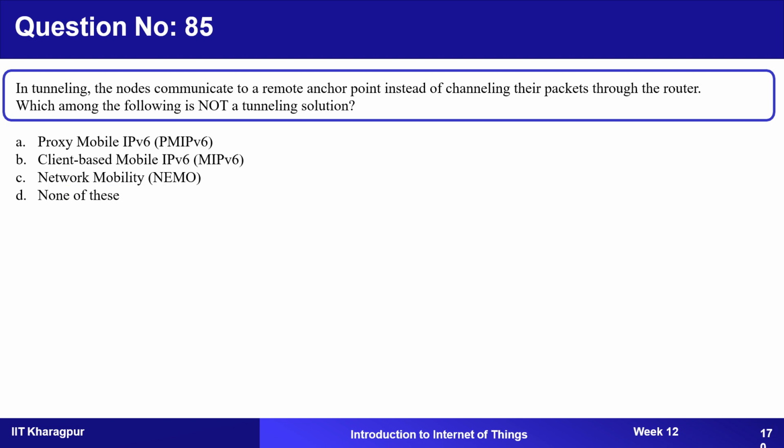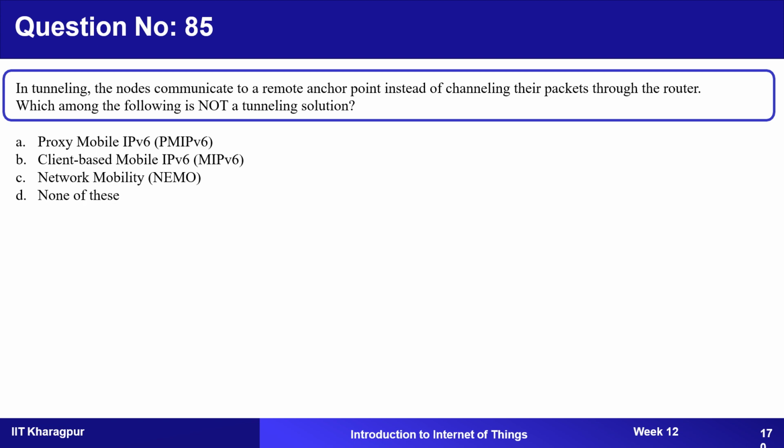Next question is, in tunneling, the nodes communicate to a remote anchor point instead of channeling their packets through the router. Which among the following is not a tunneling solution? A is proxy mobile IPv6, client based mobile IPv6, network mobility, none of these. D, none of these.